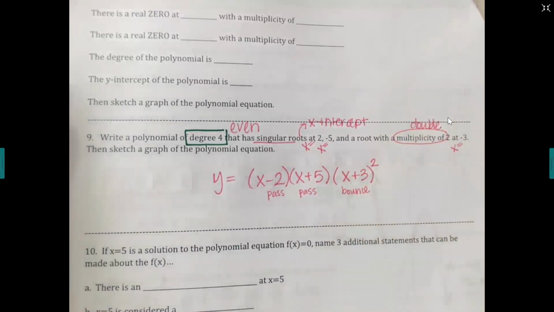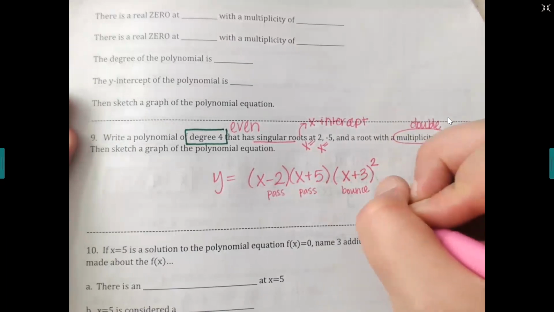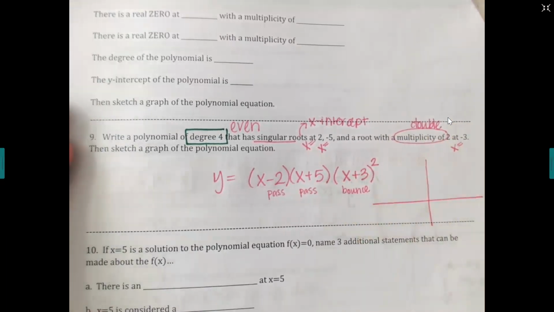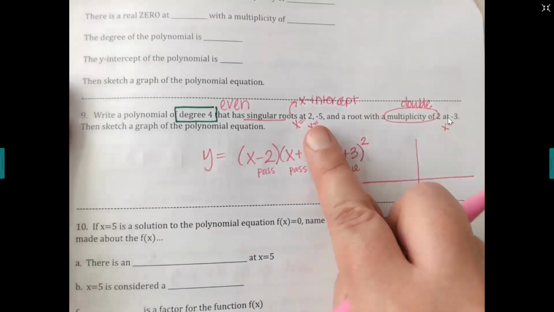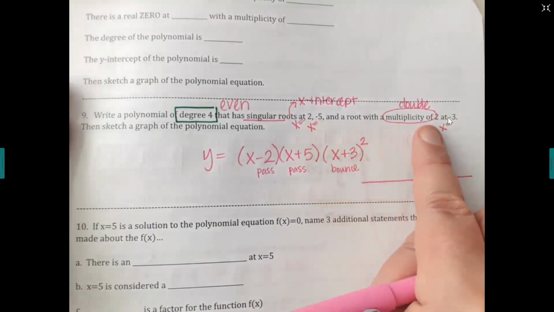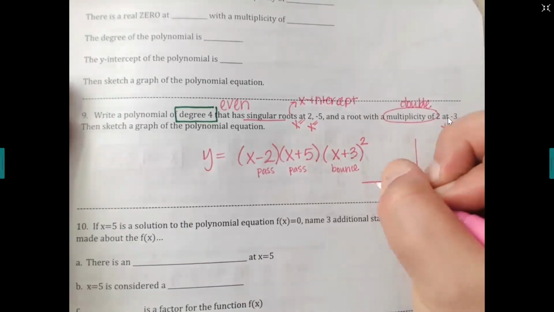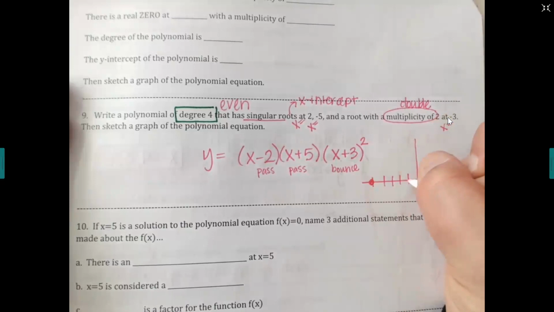Okay, so then it says to sketch the graph, let's do it. We're going to put x-intercepts at what numbers? +2, -5, and -3. So 1, 2, 3, 4, 5. 1, 2, 3, and 1, 2.